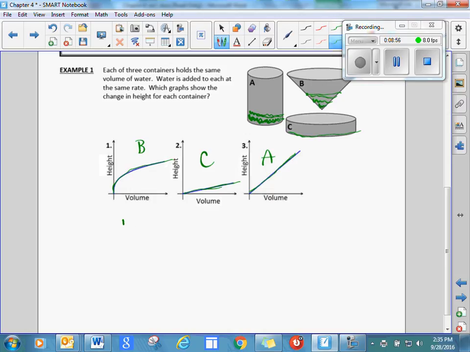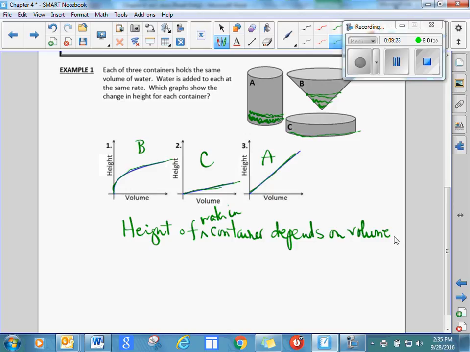We could say the height of the water in the container depends on the volume of the water.